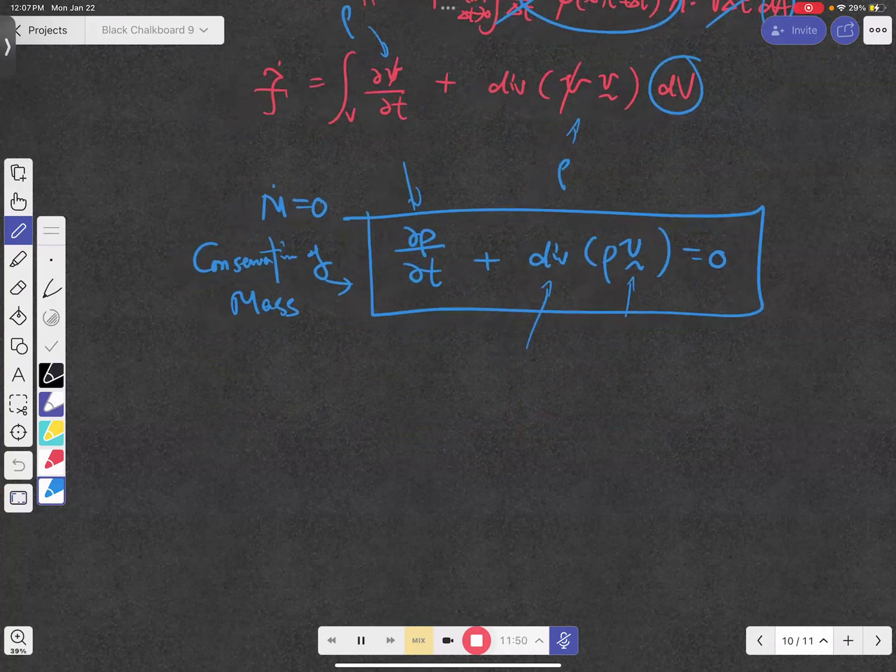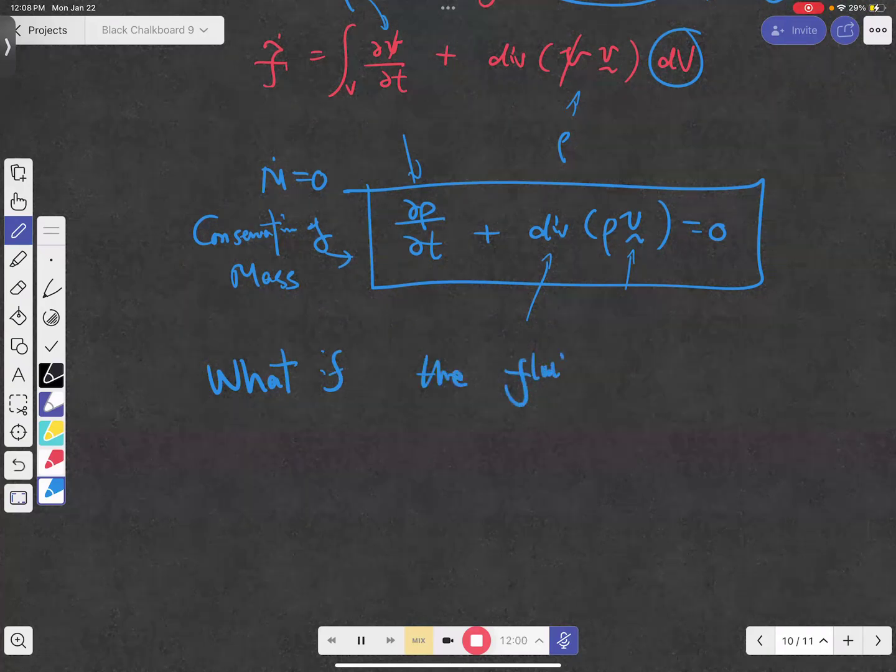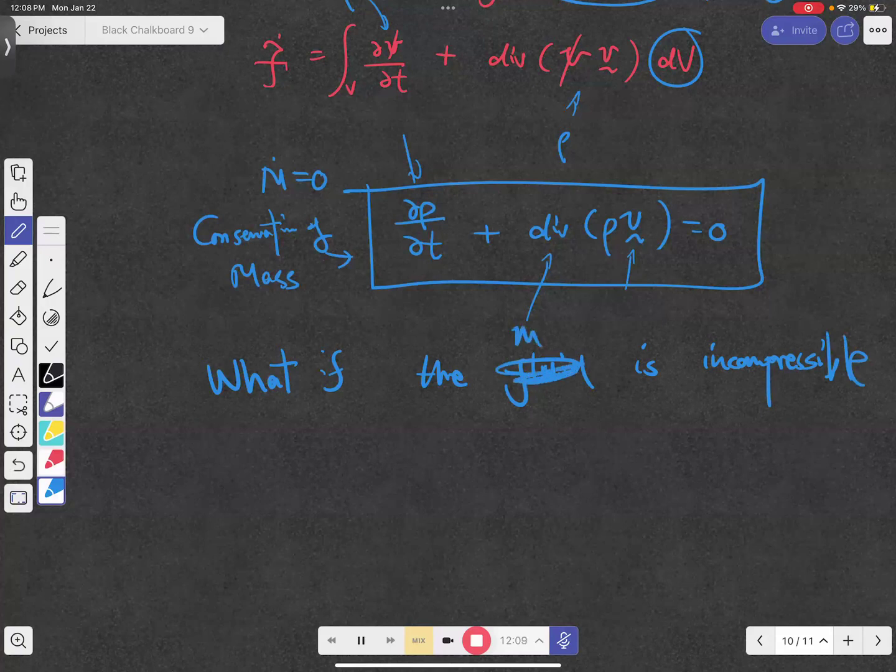What if the fluid is incompressible, or, more generically, the material is incompressible? What is the definition of being incompressible?